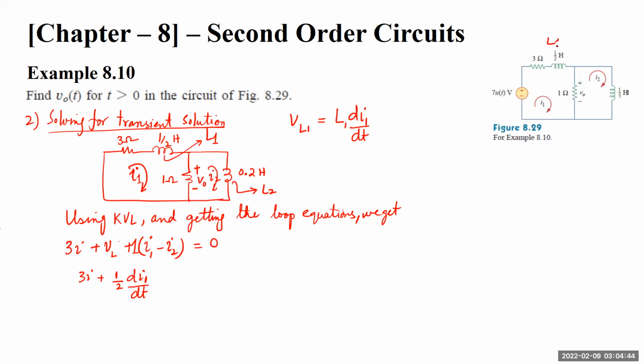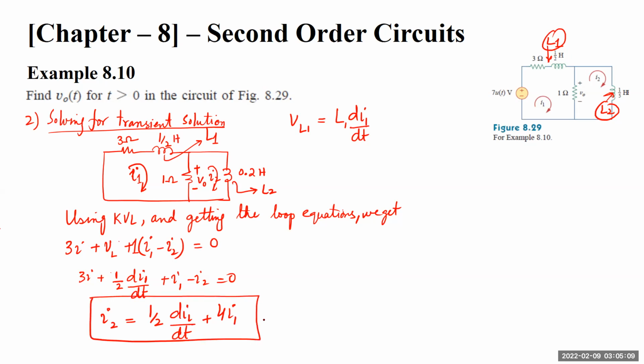Plus I1 minus I2. Simplifying it, I get I2 equals half di1 by dt plus 4 times I1. So this is my first equation.